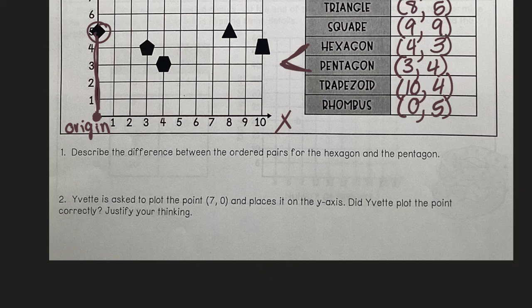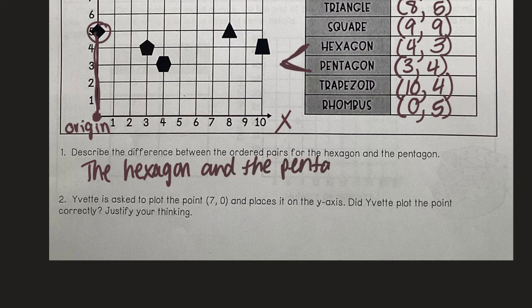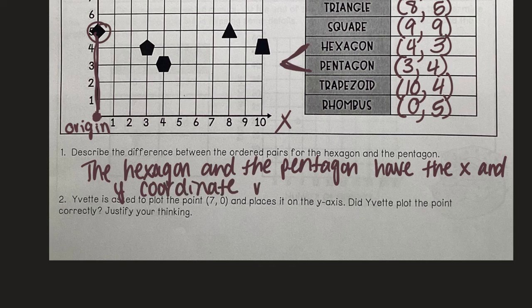So I'm just going to write that the hexagon and the pentagon have the x and y coordinate reversed or swapped around, okay?